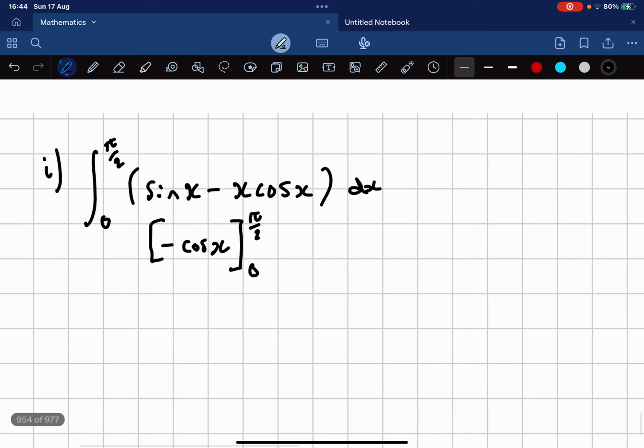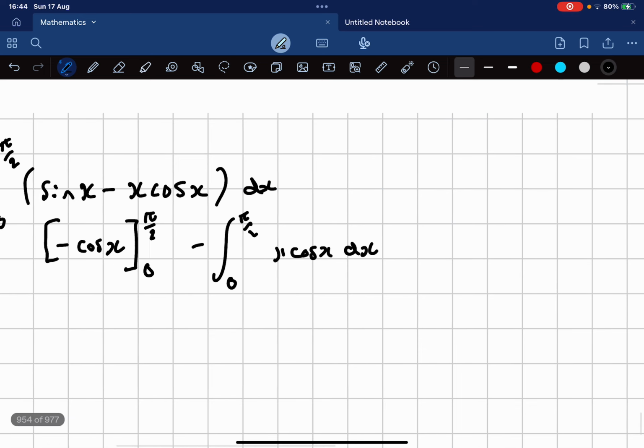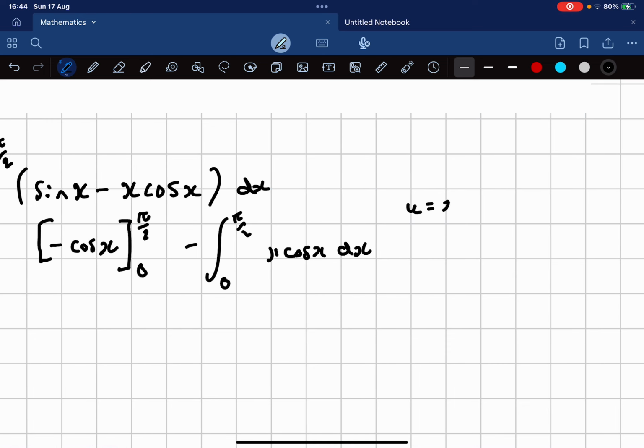And then for this x cos x, we're just going to use parts. So, first of all, I'm going to write, this is a new integral. And then over here, I'm going to set u equal to x, v prime equal to cos x. And then this is very standard from that point.